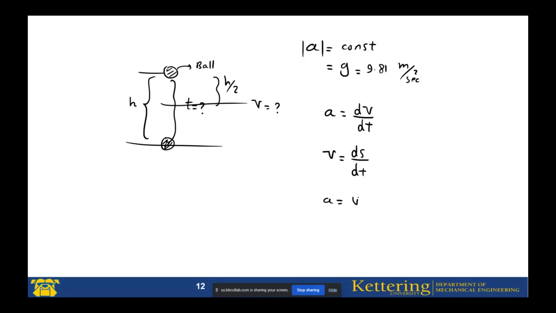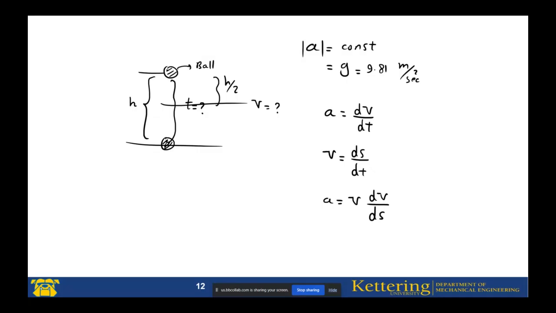I already listed them on the previous slide. These equations 3-1 are always valid for any type of motion. However, for a specific problem like this, when the acceleration is constant, we can find some equations.